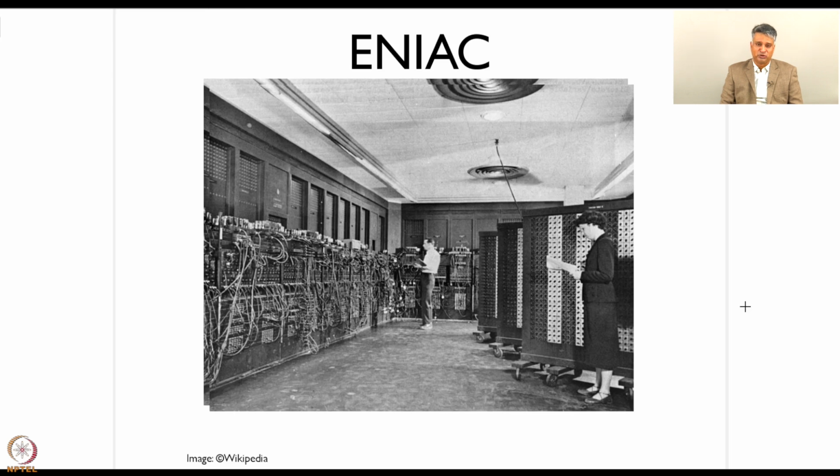It also consumed a tremendous amount of power. One would wonder how many calculations was this machine capable of. So the computing power of this machine was of the order of 300 floating point operations per second. It was able to do 300 floating point operations per second, a significant number at that time.